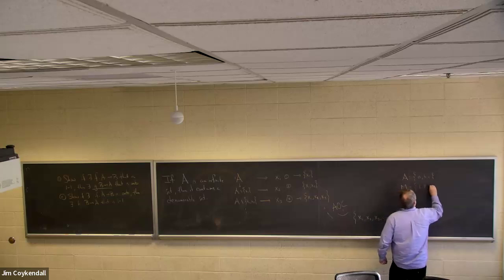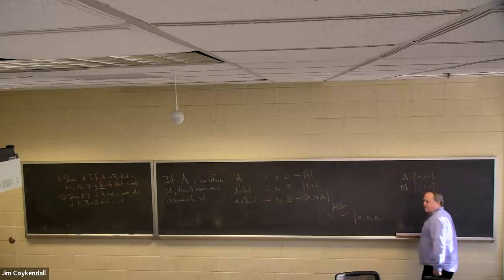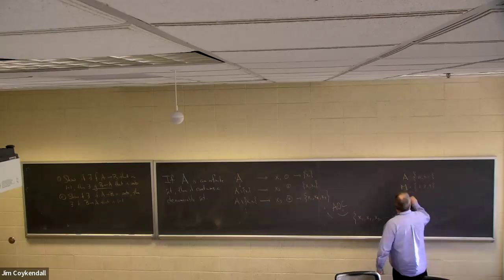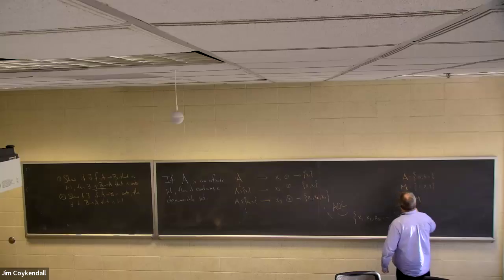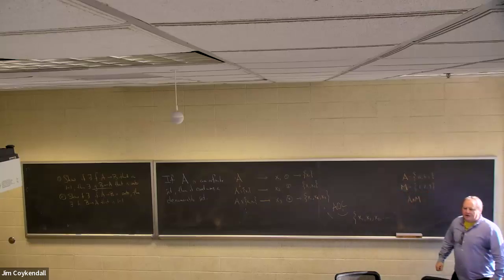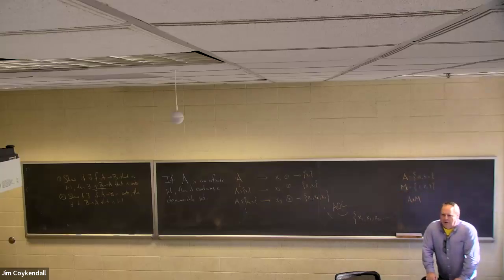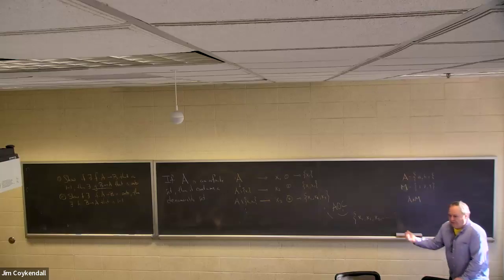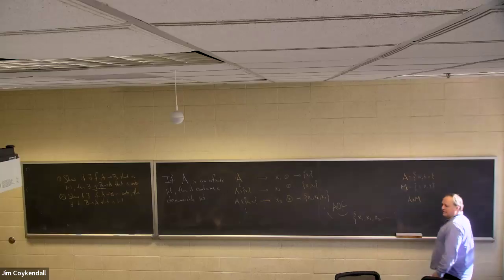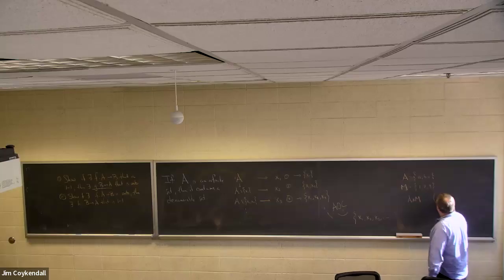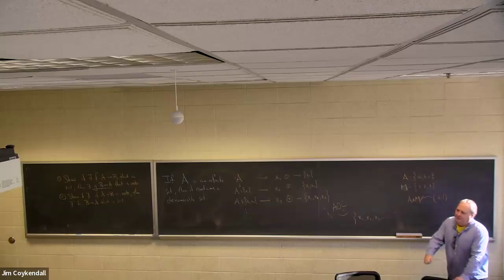Is the Cartesian product empty? No, prove it. And all you've got to do to prove it is just tell me something that's in it. What's in the Cartesian product? Give me anything. Okay, sure. (a, 1) is an element of this.